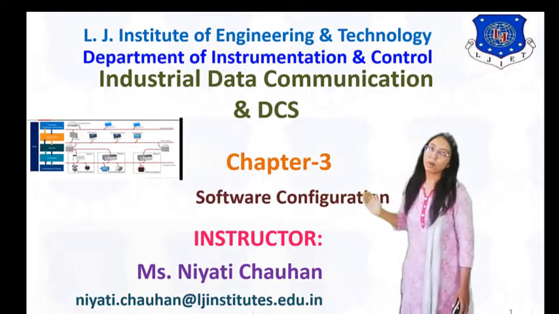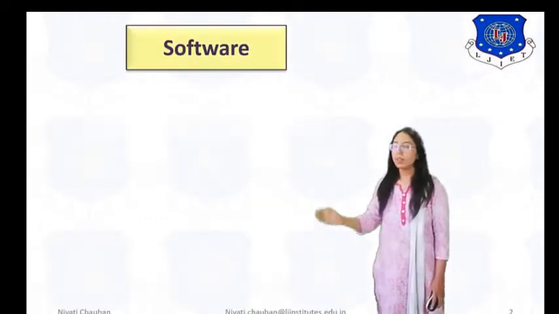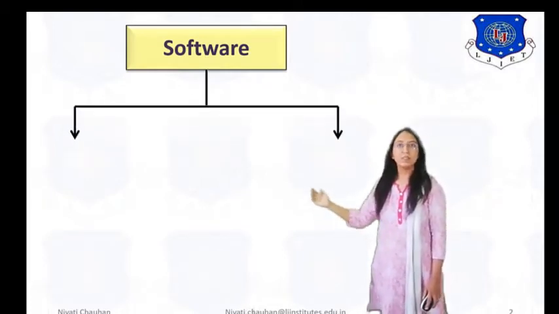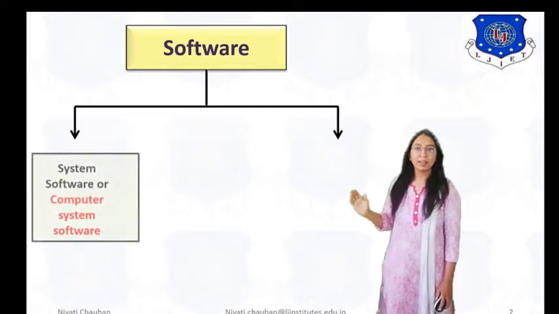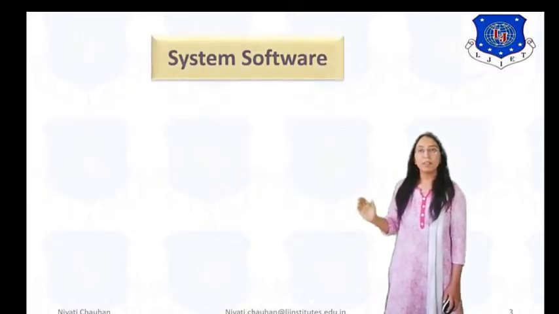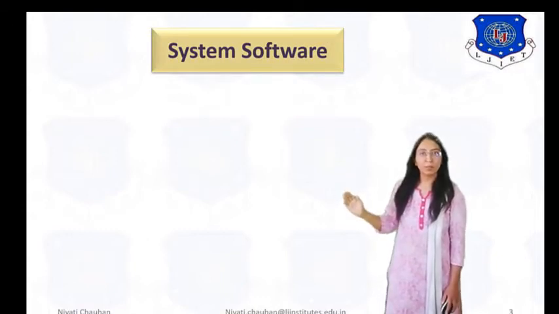Chapter 3, Software Configuration. Software is divided into two parts: first, system software, and second, application software. In the last lecture, we discussed system software.